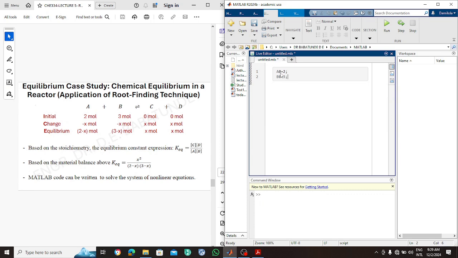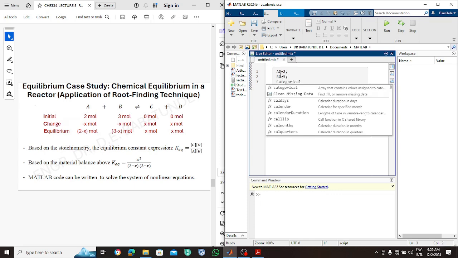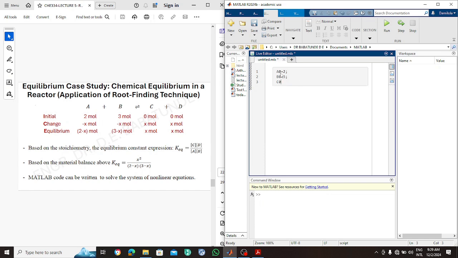What else are we given? We are given C0 to be 0. What else are we given? And what's the value? Okay. What else are we given? The equilibrium constant.